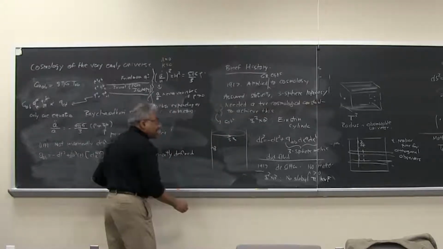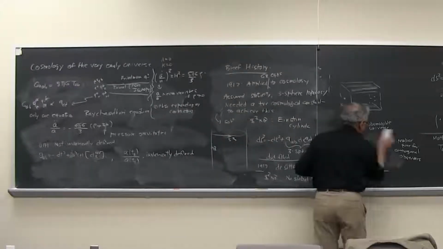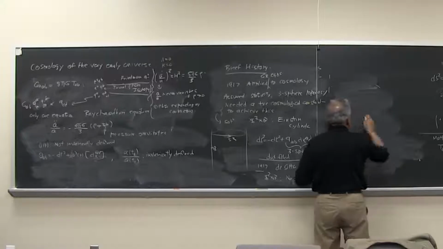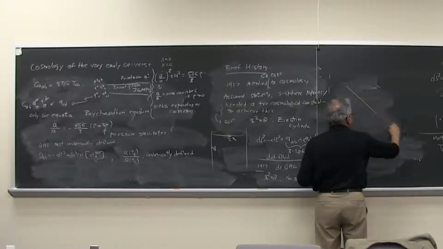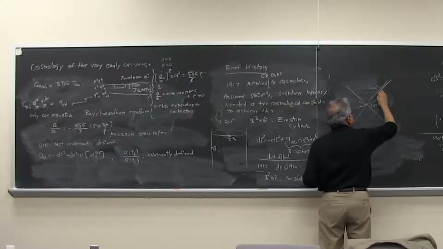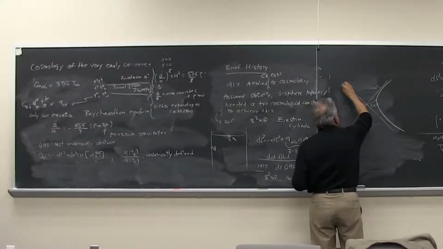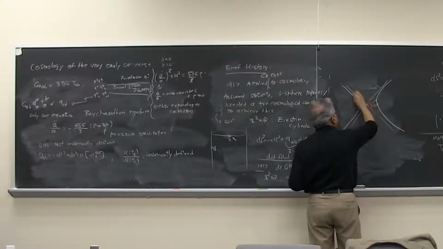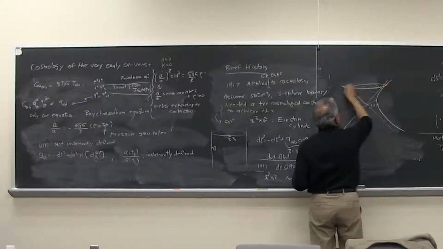It really corresponds to just the following. You all know that if I take Minkowski space in any dimension, and if I look at unit space-like vectors, then the trajectory of these unit space-like vectors will give me a hyperboloid.